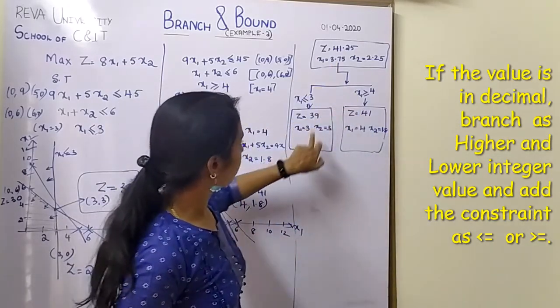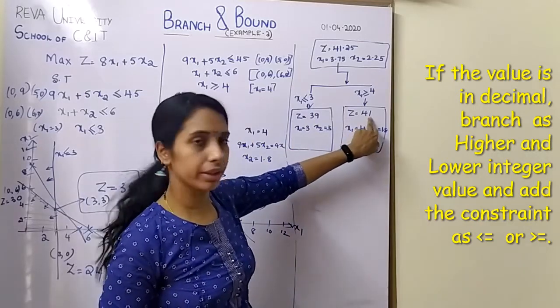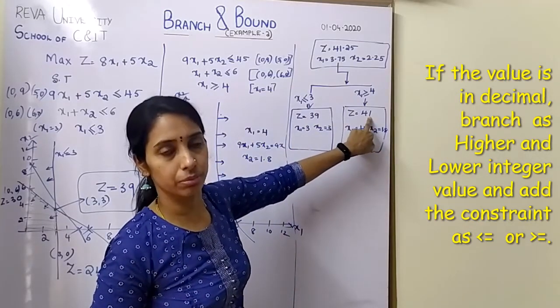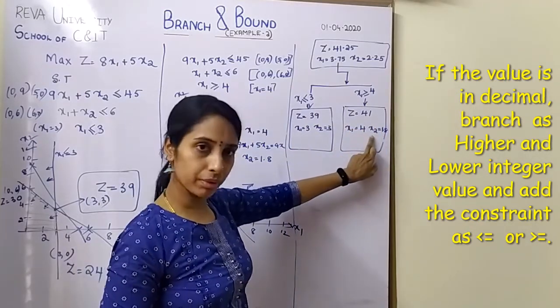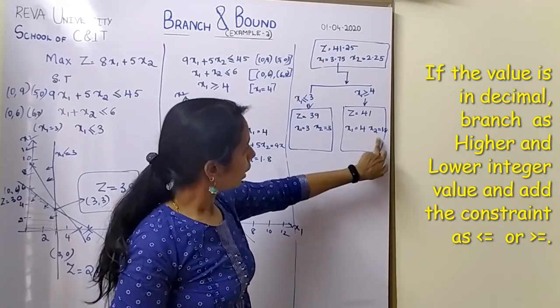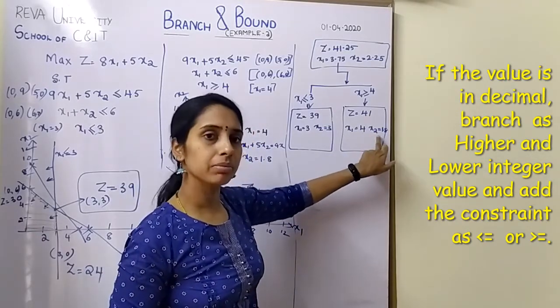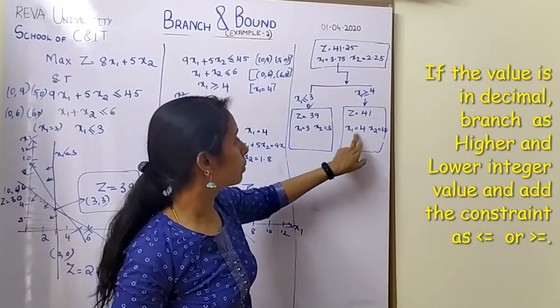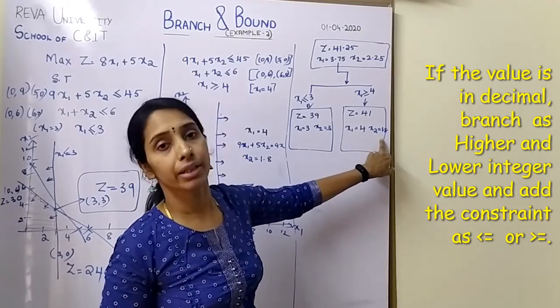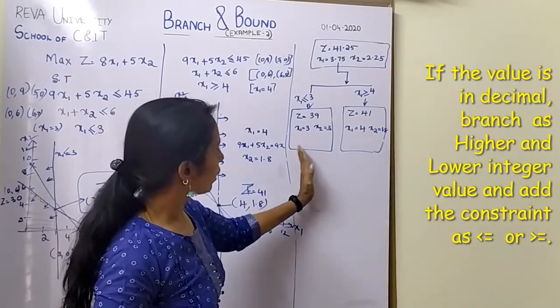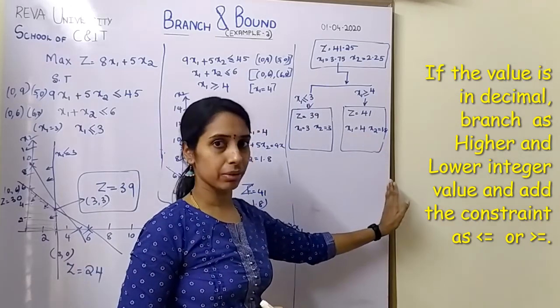See, compared to this, I have got the maximum value for the objective function here. So if I proceed in this, I may get the maximum optimal value for z, and both x1 and x2 values may be integers. So I will try to go forward in this path also.